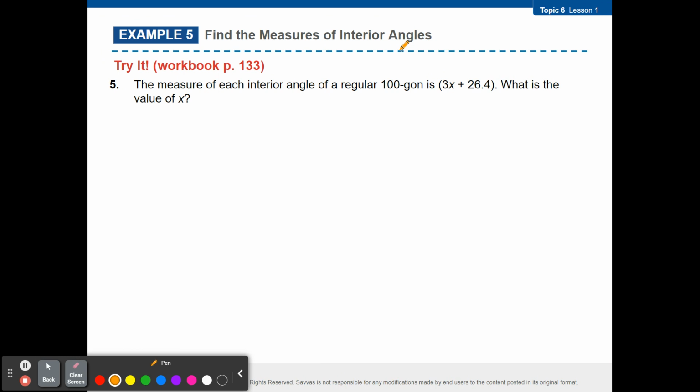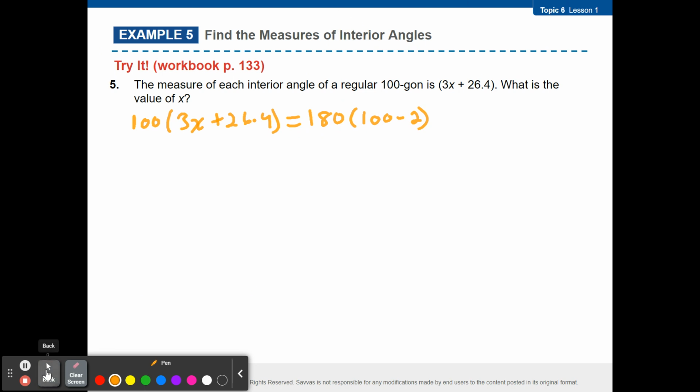So I'm going to set this up the following way. I got to find the total of the interior angles. So it's going to be 100 times that angle measure of 3x plus 26.4. I'm going to set that equal to how we find the total of the interior angles to begin with. That's the polygon interior angle sum theorem. Okay, so that's 180 times 100 minus 2.